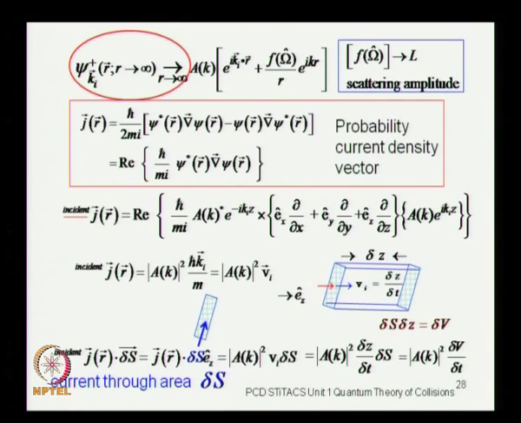So, you get delta V by delta T, where this is an infinitesimal volume under consideration.